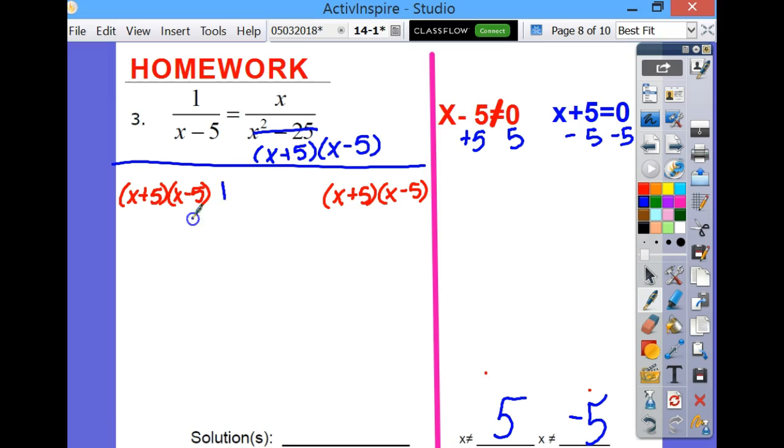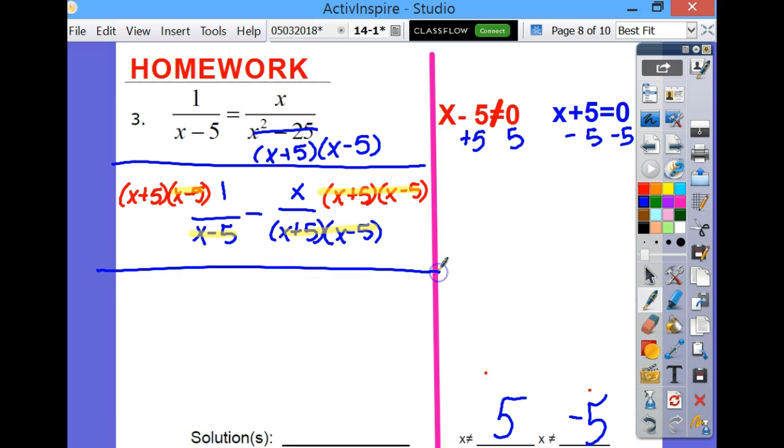We're going to multiply the 1 over x minus 5 by the LCD and the other fraction, because that's going to cancel all of that, and it's going to cancel that. And what do we have left? Over here we have an x plus 5 times 1. Over here we have x, and everything else canceled out, right?